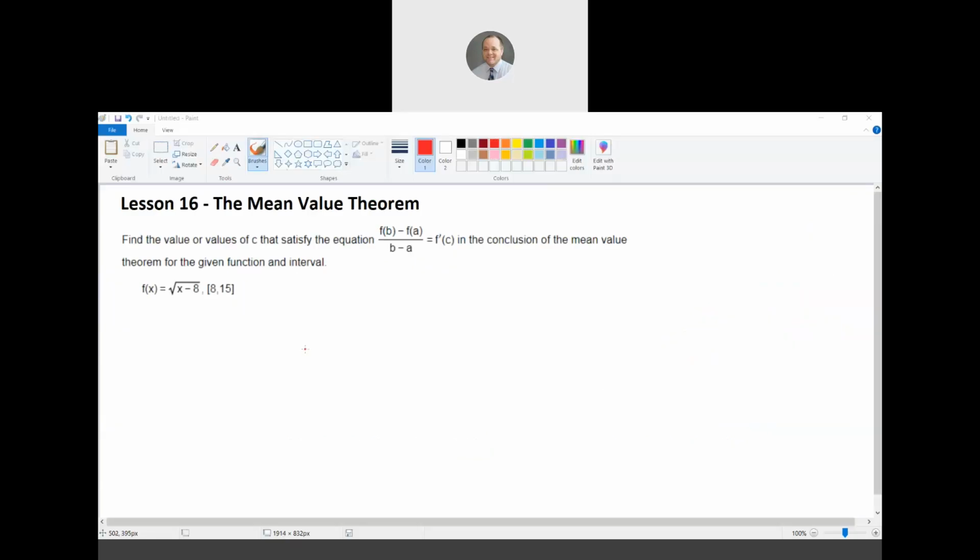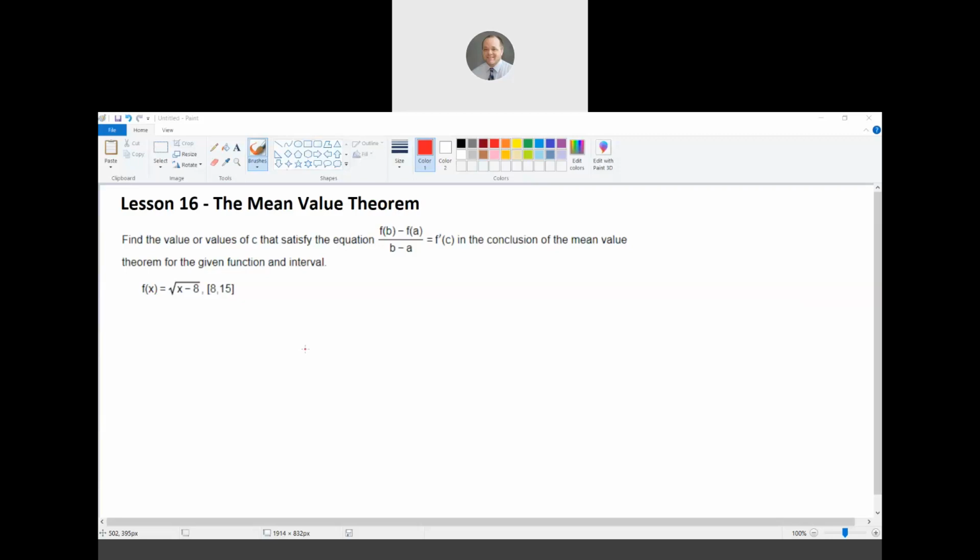Find the value or values, there could be more than one, of c that satisfies the given equation in the conclusion of the mean value theorem for the given function and interval.